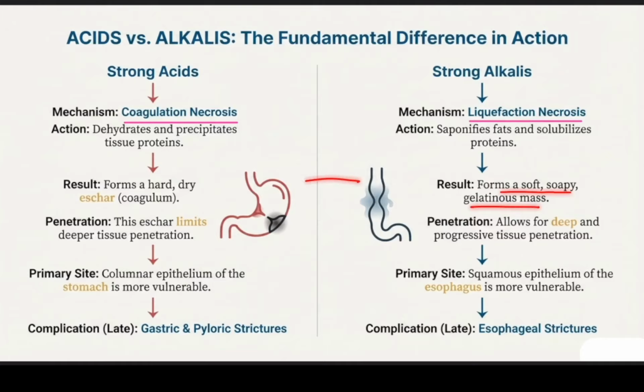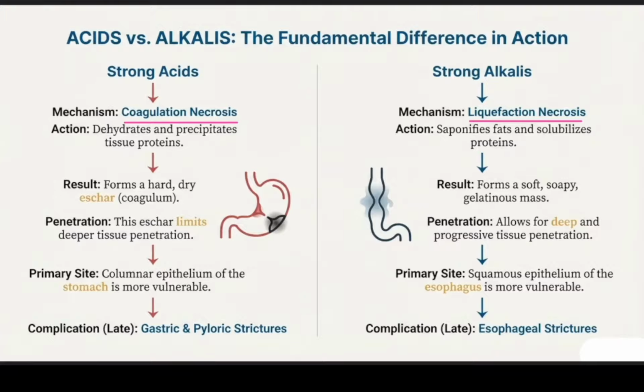What happens in the acids? There is going to be a hard, dry eschar formation. But in case of alkali, there's going to be a soft, soapy, and gelatinous mass. As it is a soft, soapy, and gelatinous mass, it will allow deeper penetration, so it allows for deep and progressive tissue penetration. That is what you have to remember.